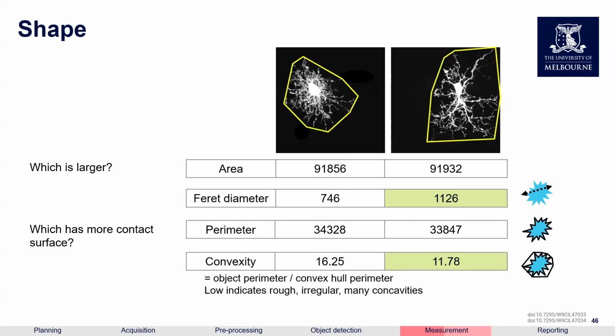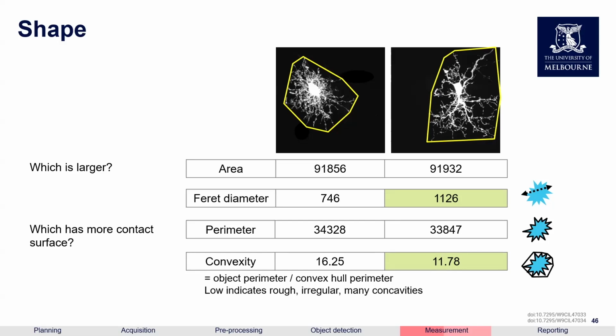We can also measure the convexity, which is the ratio of the object perimeter to its convex hull perimeter. The convex hull is the shape that's formed by stretching, let's say, a rubber band around the object. You can see the yellow outline shown here. And it's measuring the ratio of those two perimeters.